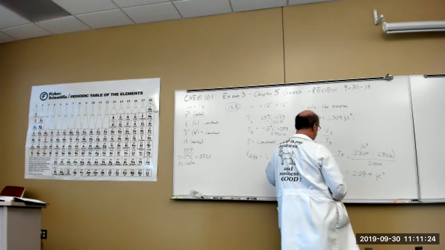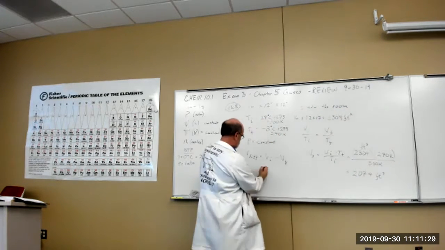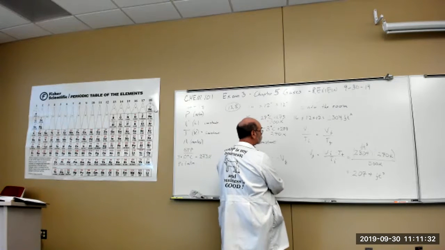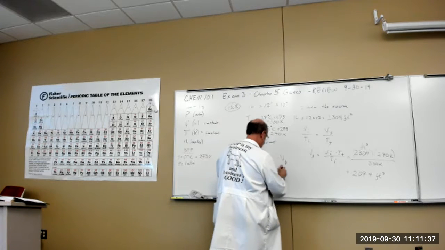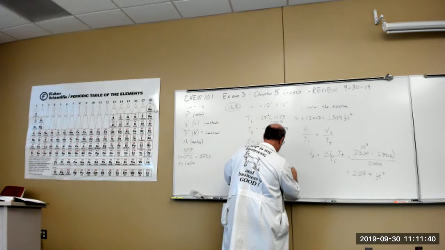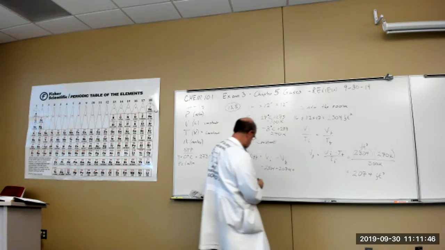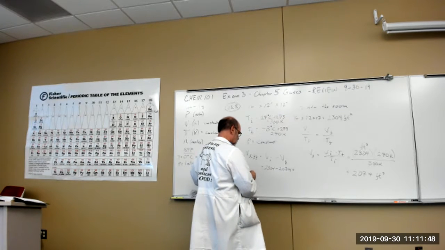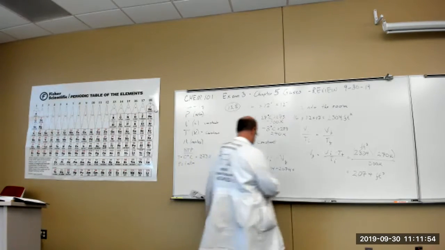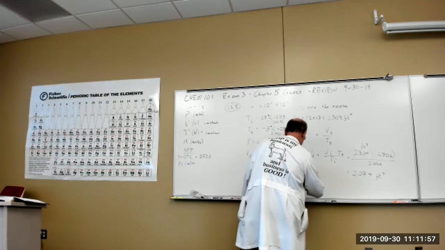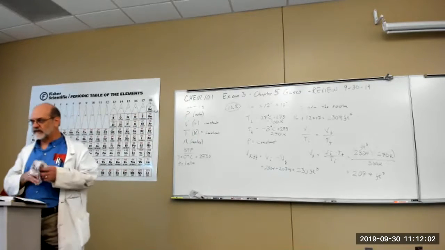Okay, so the difference, how much air moved in, is 2304 minus the final 2074, which equals 230. Close enough. Cubic feet. So that's how many cubic feet of air moved in from outside into the room when we changed the temperature.